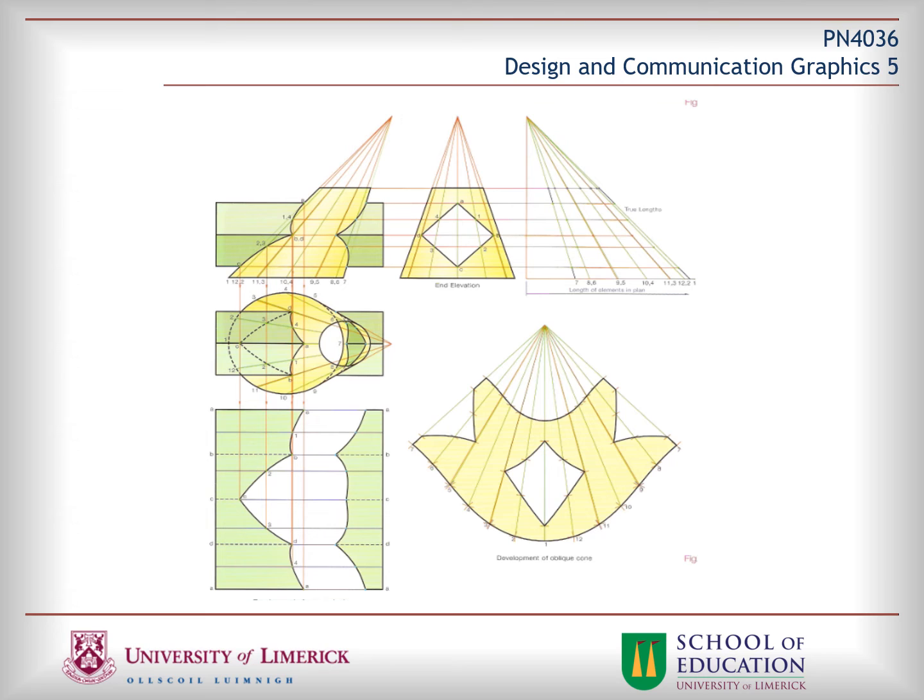So we do them at even distances, and we can then determine specific points where the generator and the horizontal cuts intersect the cut surface in end elevation. There it is. We can bring those points across into our elevation from our end view, so we can plot those curves.